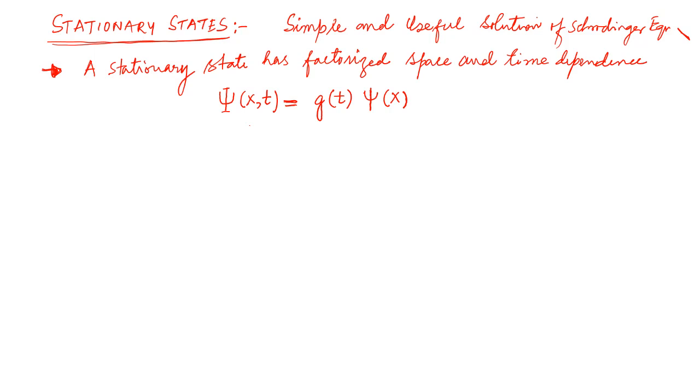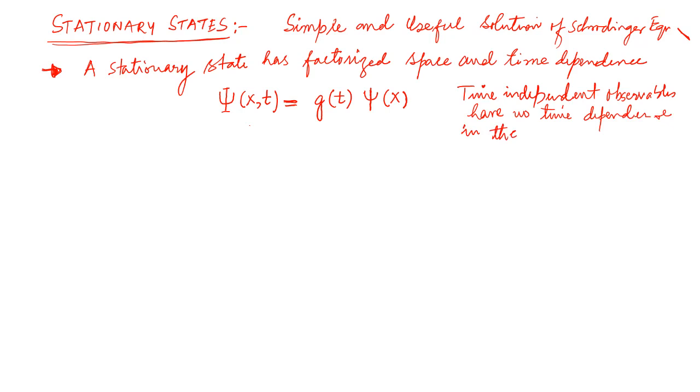What it actually means is that the state itself has a time dependence in it, but the time independent observables have no time dependence in their expectation values.